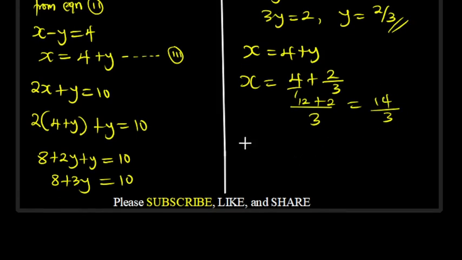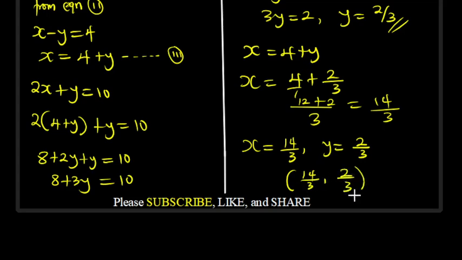So we have x is equal to 14 over 3 and y is equal to 2 over 3. This can also be written as 14 over 3 comma 2 over 3.